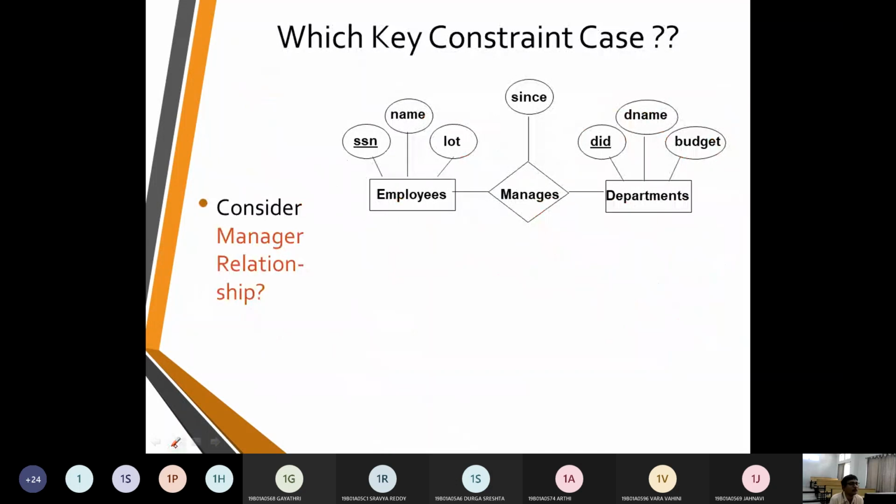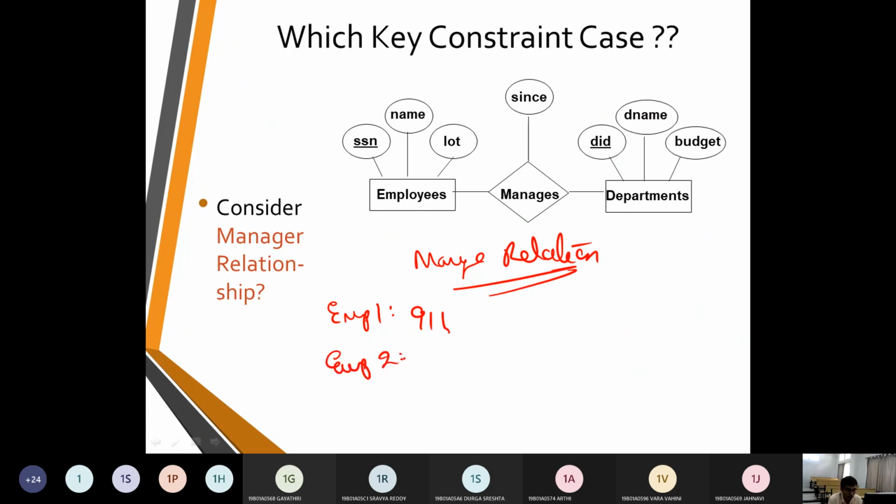Next comes the managers relation. Assume there are two employees, employee 1 and his number is 911. Assume there is another employee, his number is 912.